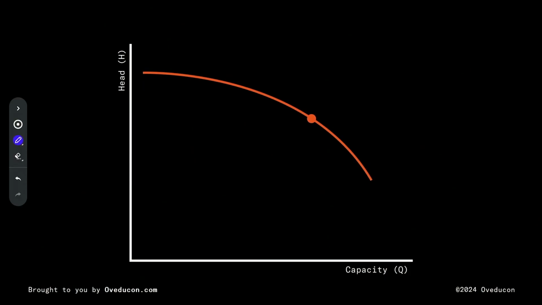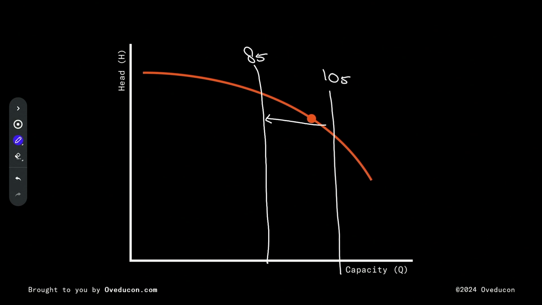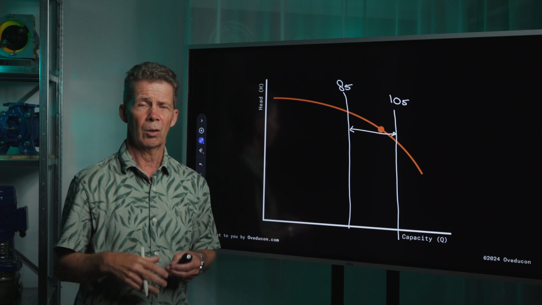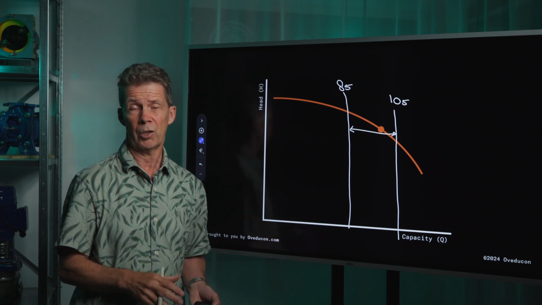The POR region is 85 up to 105% of BEP. So this part of the pump curve you can use according to the POR region.